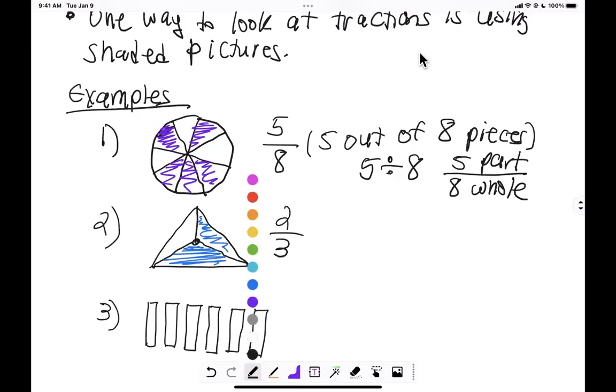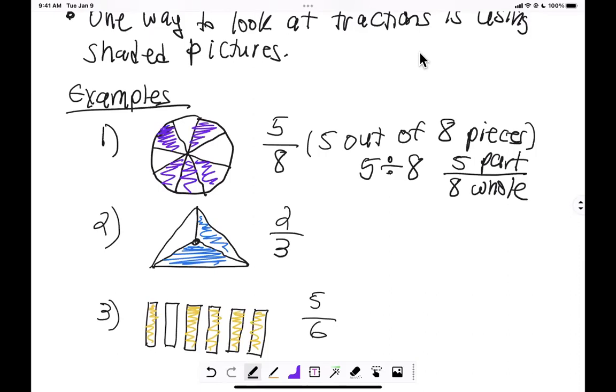If I, let's see, I'm grabbing our color. Okay, so I have 1, 2, 3, 4, 5, 6. 6 is my whole, and I just shaded 5 of them.